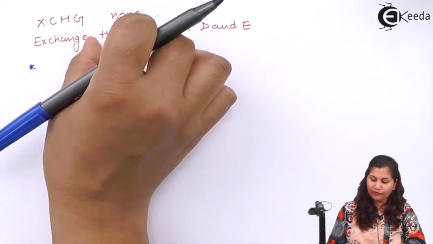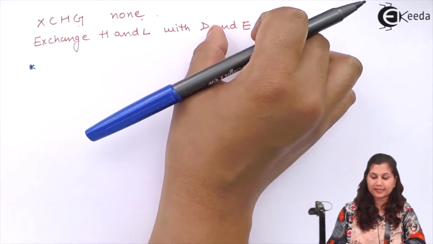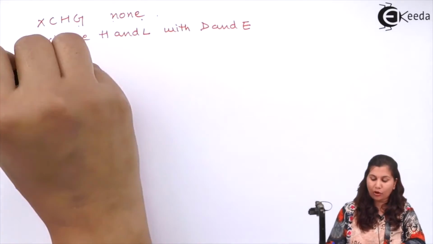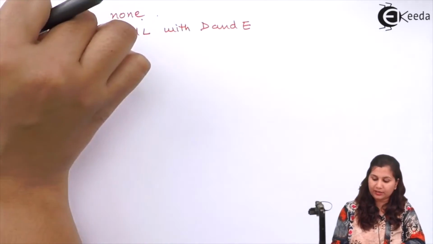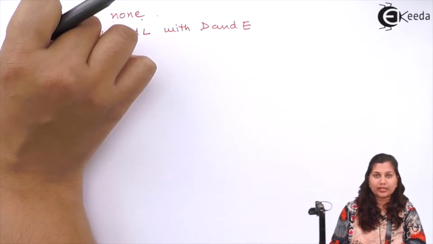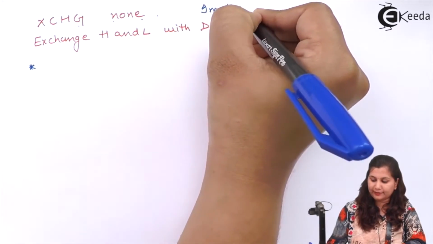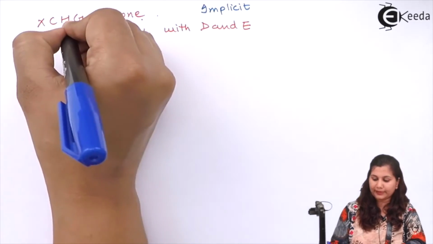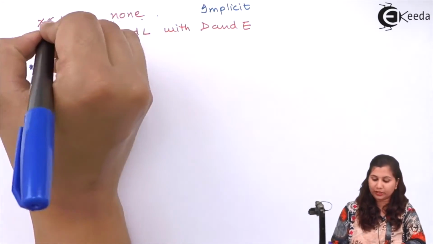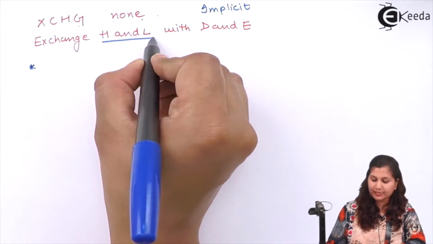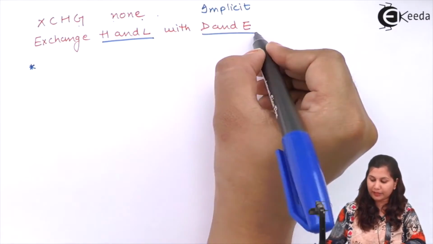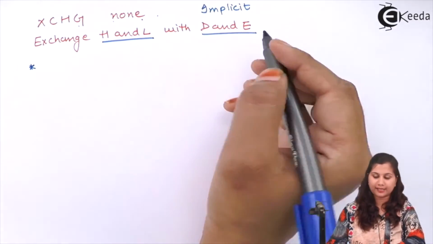So it involves the HL and DE register pairs. Operand and operation both are given in the instruction itself. So it is a kind of implicit addressing, because the operand is already given in the instruction, that is, exchange the H and L register pair with the D and E register pair.